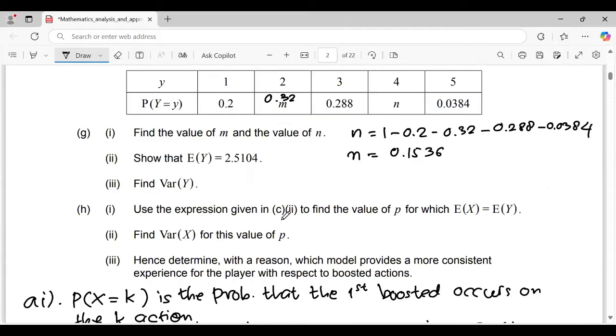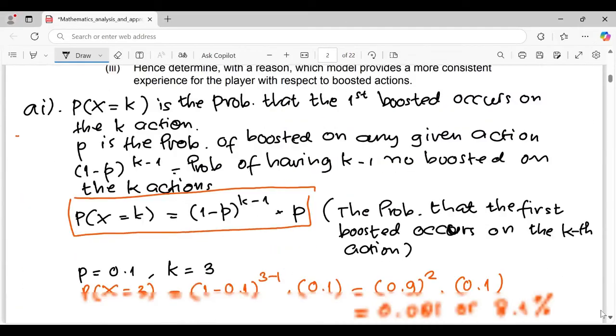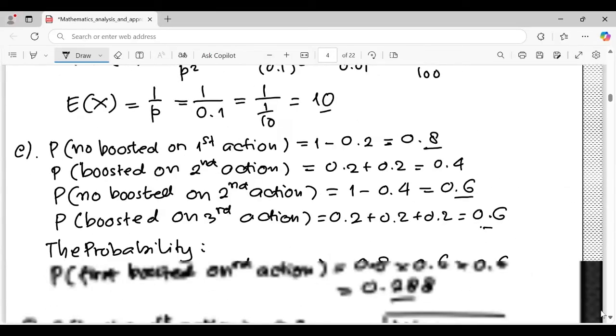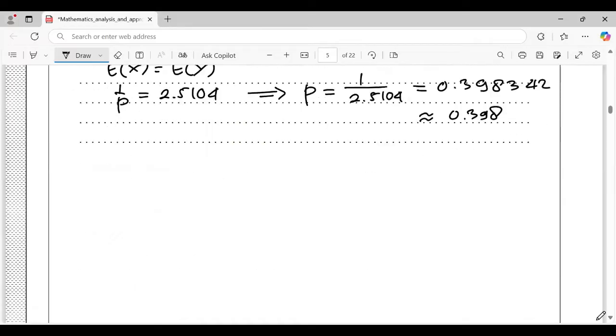The variance of X according to part C2 equals 1 minus p over p squared.